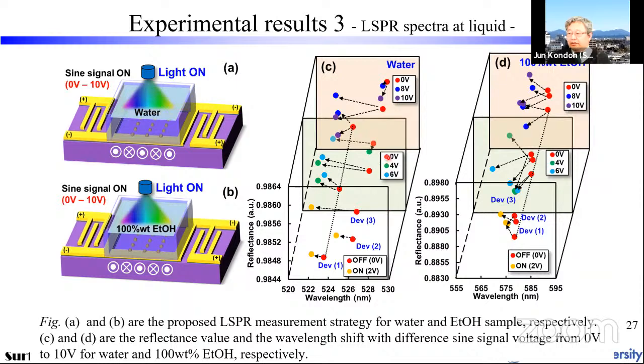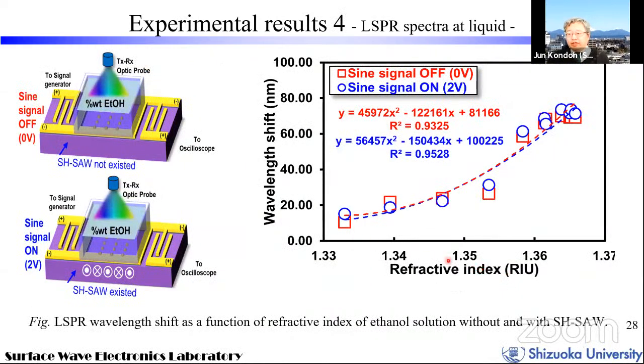And we varied several voltages of the applied signal for the SHO. And you can see that it also decreased the wavelengths. That means the blue shift. For the sensor application, we want to know the difference of the wavelength shift between the water and the sample. And the results are shown here.